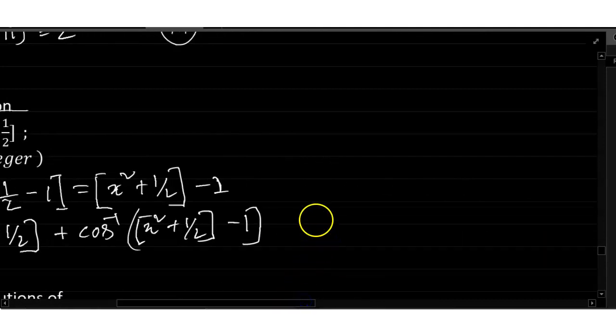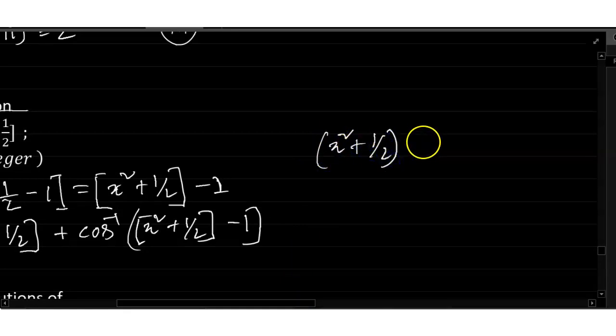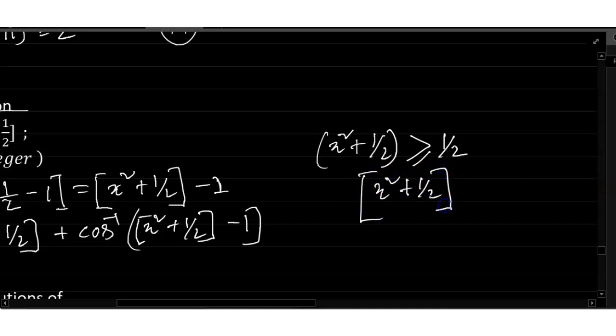And x square plus half is obviously greater than or equal to half, and x square plus half equals 0 or 1.